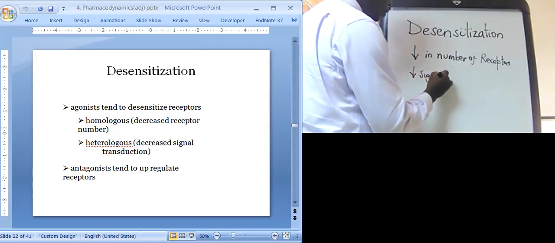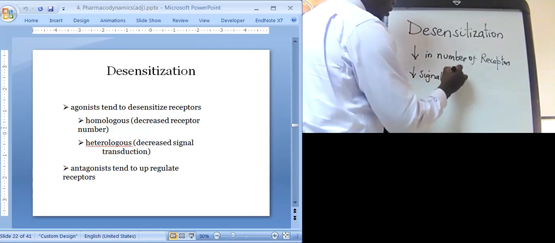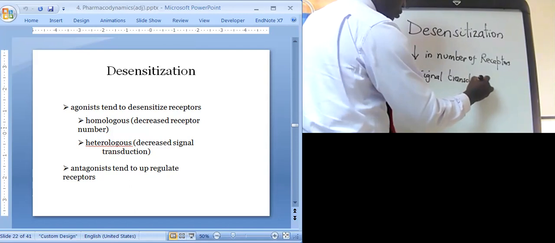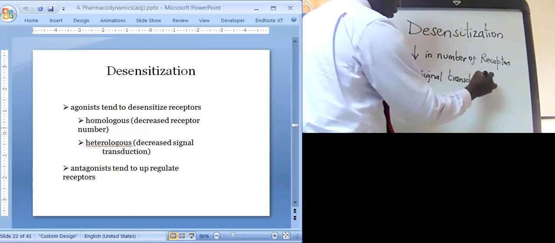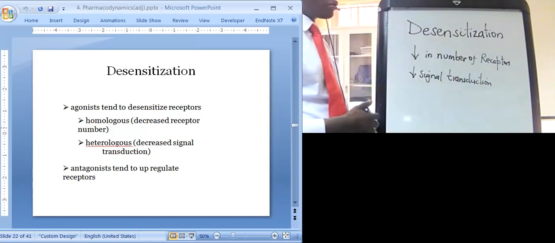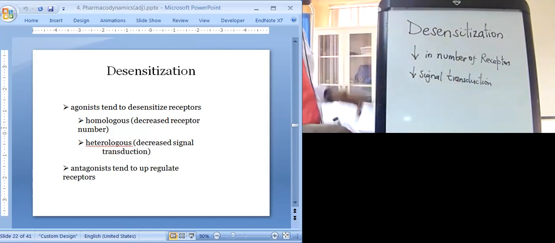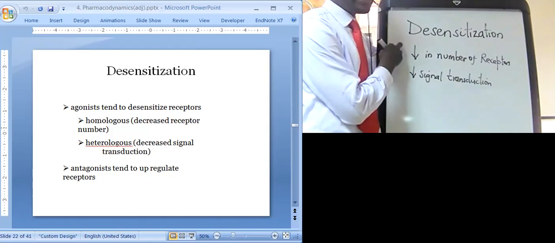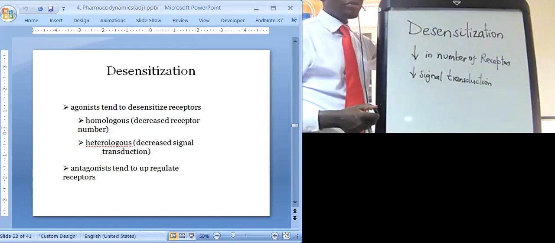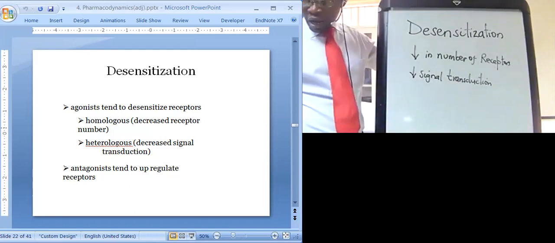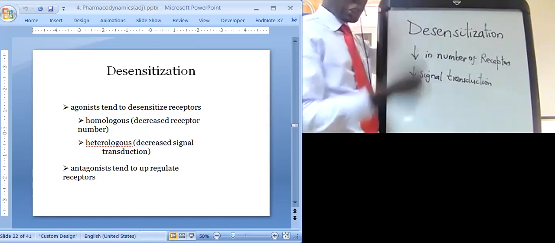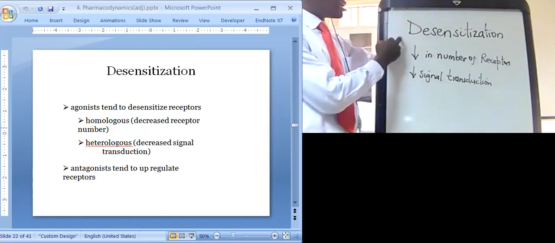We are going to look at that, signal transduction. So it can be as a result of either this or that, and all that produces desensitization. And by desensitization, we mean that you will not achieve the response that you are interested in.